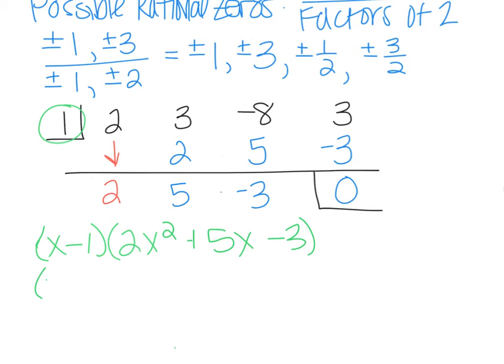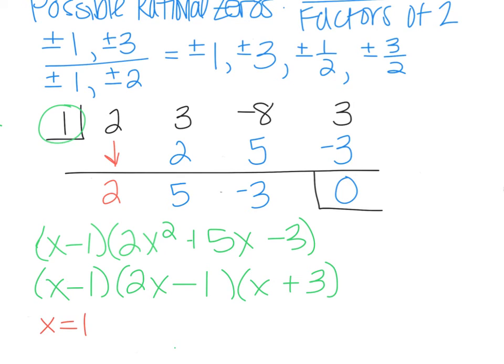And then by factoring, so we get 2x and x, so plus 3 here and a minus 1 there. So by factoring, we get that our other rational zeros are actually going to be, we have x equals 1, x equals 1/2, and x equals negative 3.